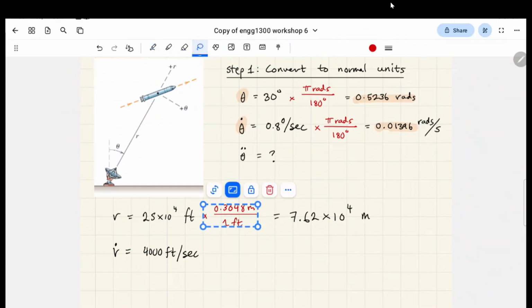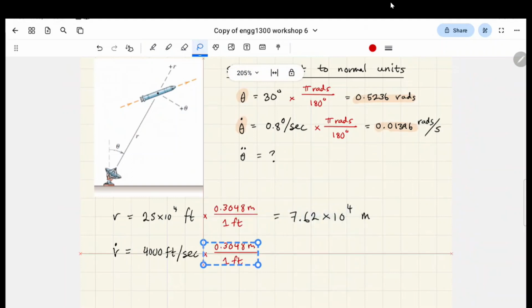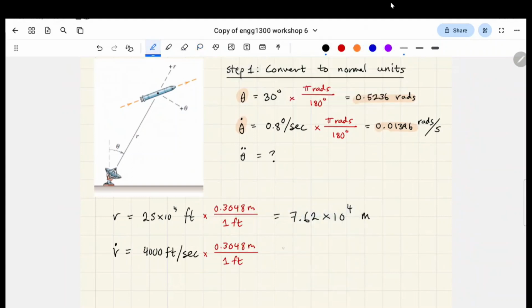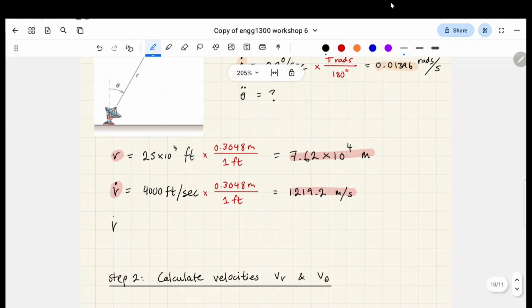Same thing, because the feet is on the numerator, we can just do the same conversion, which gives us this. Our radial acceleration is unknown, so that's what we're going to be solving for later.